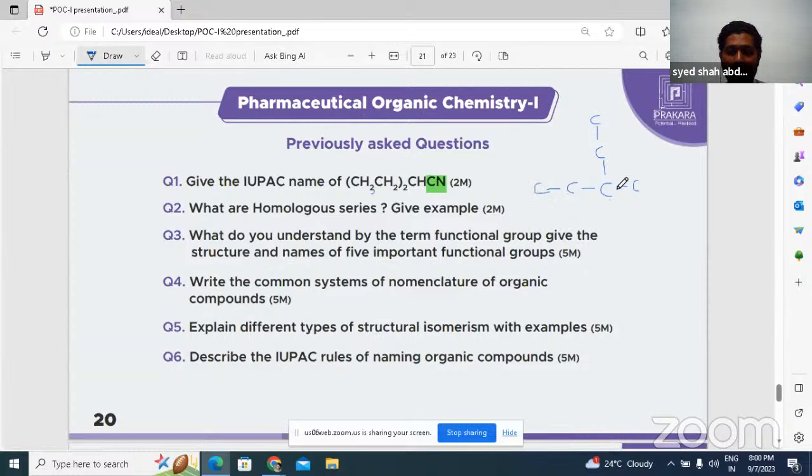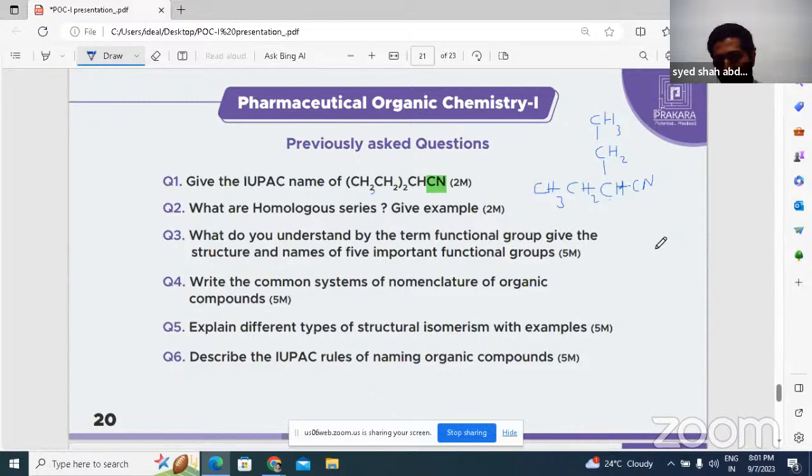Now let us write the hydrogens, and this is our cyanide, CN. Let us write the hydrogens first for that. For this also. Right. Let us identify our functional group as cyanide, or let me take it as nitrile.